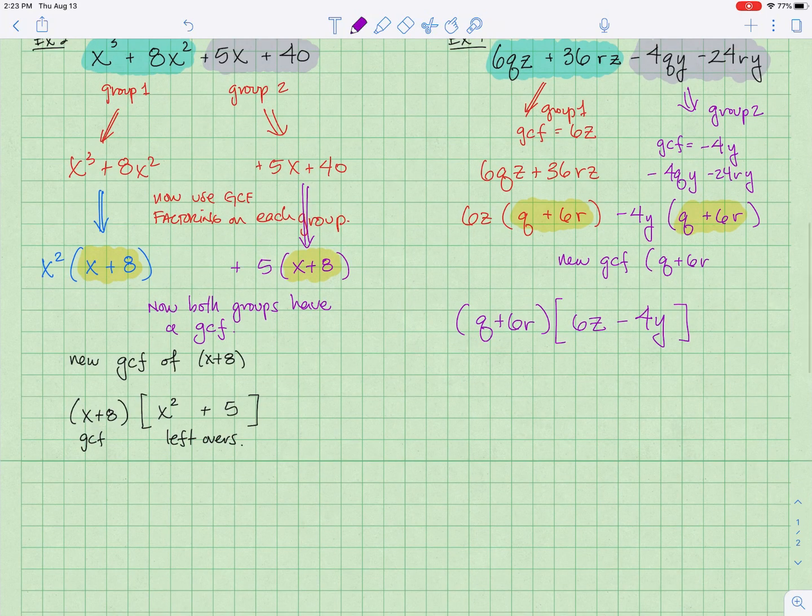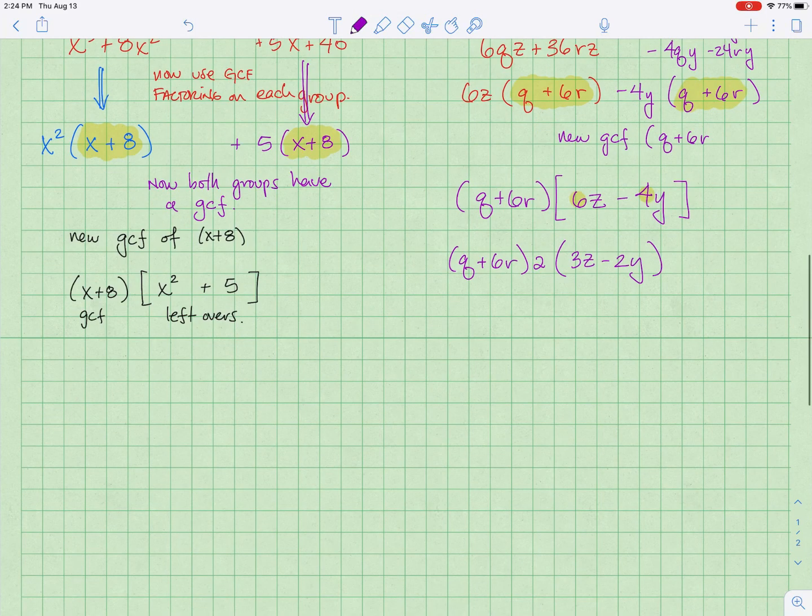Now, we can actually go one step further. It turns out that there's still more GCF factoring we can do on this second factor, as 4 and 6 are both even. So we have our q plus 6r, and we're going to factor out a 2, and this will be 3z minus 2y.